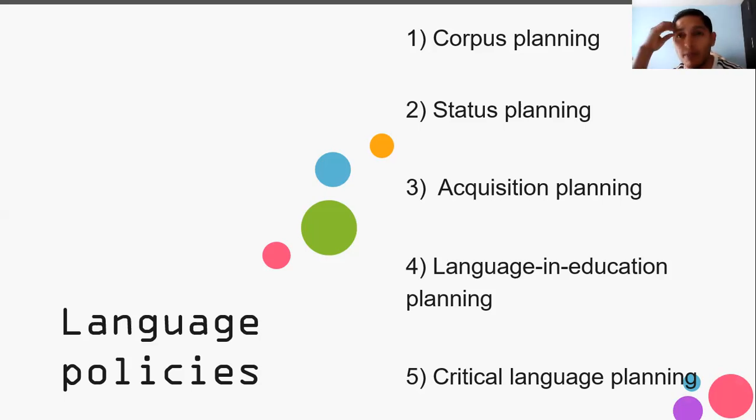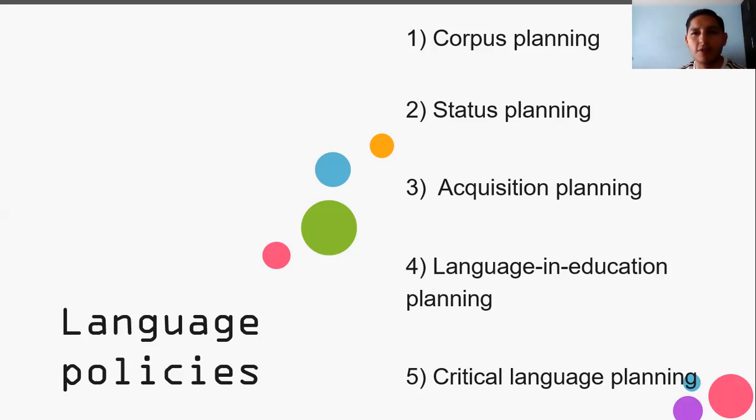Well, we have a couple of examples in Wales or in African countries, where for school purposes, they tried to modify dialects or the code. We also have status planning that refers to efforts to increase or decrease the value, the prestige of a particular language or variety. So it could be for minority or dominant languages.